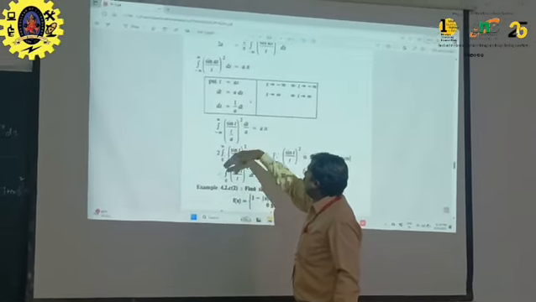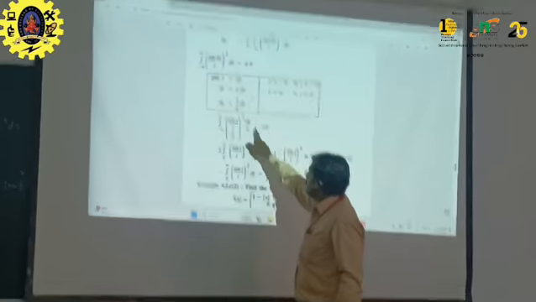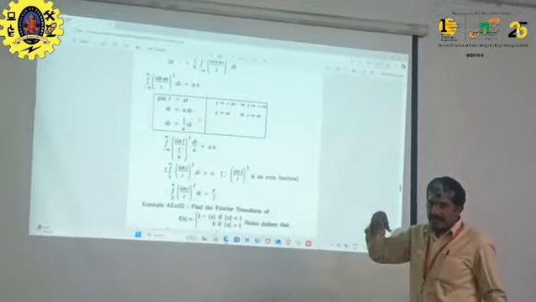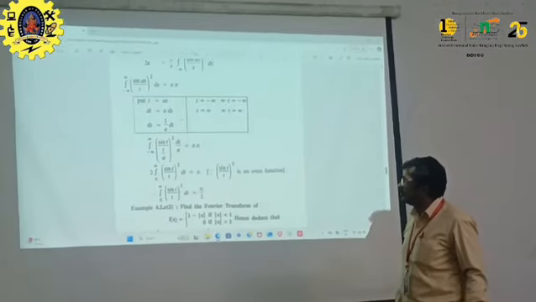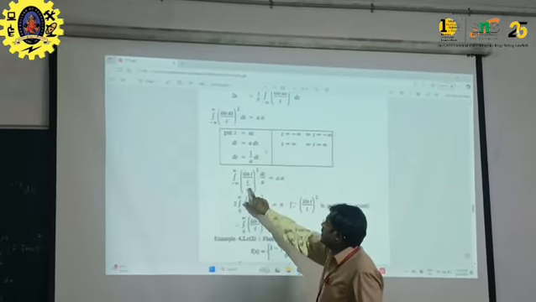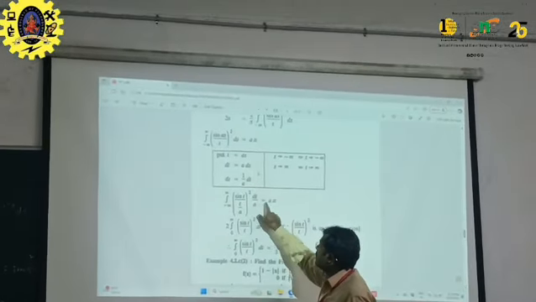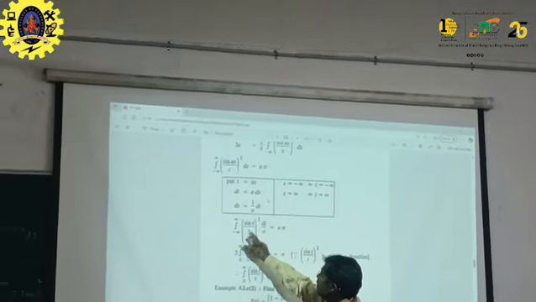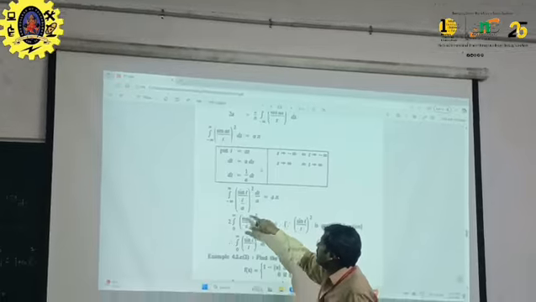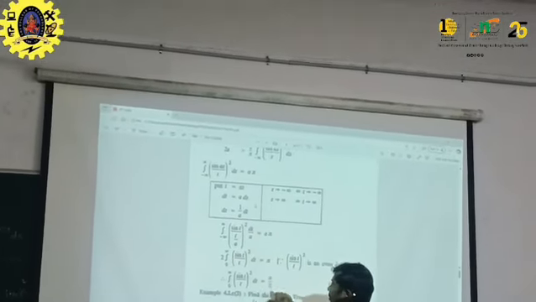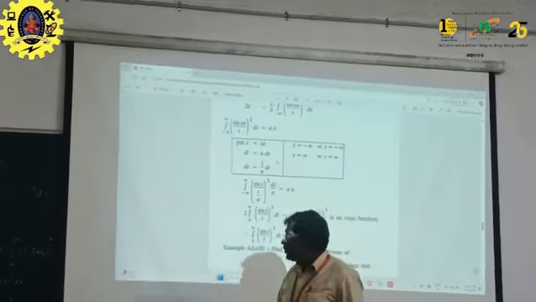This a and this a cancel each other. Here you have the term, sin t by t whole square dt equal to, and here you have 2. If the 2 comes to the other side, it is pi by 2. You get the result.